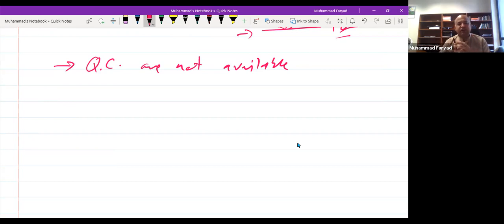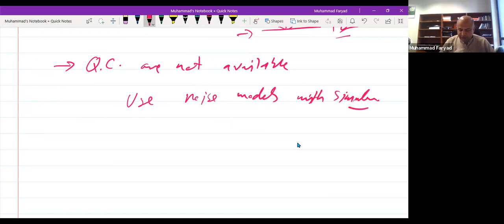Actually, let's say you run it on the COSP simulator, but you can mimic the effect of noise of a quantum computer by selecting different noise models. So you use noise models with a simulator, and that mimics the effect of the actual quantum computer, but you are able to run your code right away. So you just press shift enter and your code is done, and the result is as if it has been run on a quantum computer.